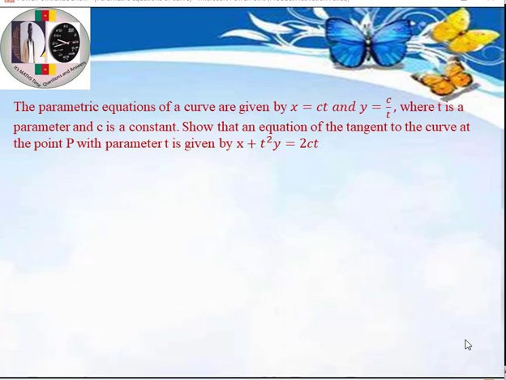So guys, to do this we need to know how to form an equation of a tangent to a curve. The equation of a tangent is given by y minus y1 equals m times x minus x1, where m is the gradient, and the gradient is the change in y with respect to x.